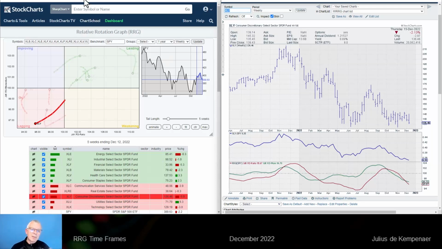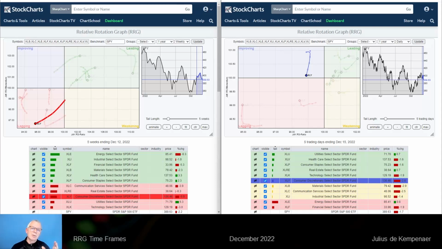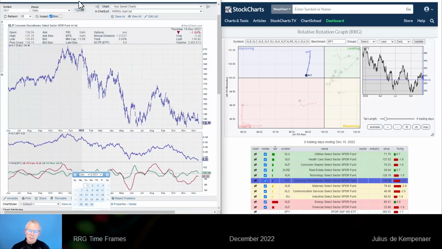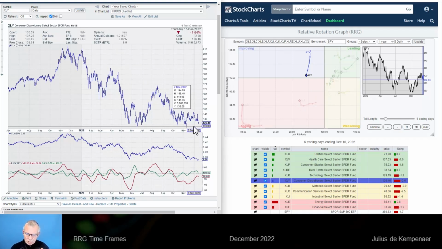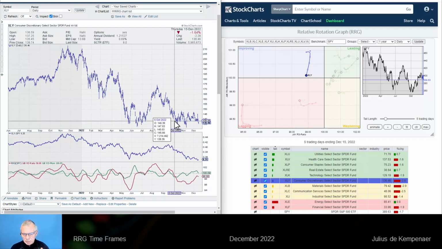Now, if we flip that around and we go to the daily RRG, we need to look at the daily price chart because that's apples and apples and oranges and oranges. And if we go back 5 trading days, or we go back to the period that we just played, which was from the start of October, that's right here, then you can see this period here in terms of what happened in terms of relative strength and the RRG lines.